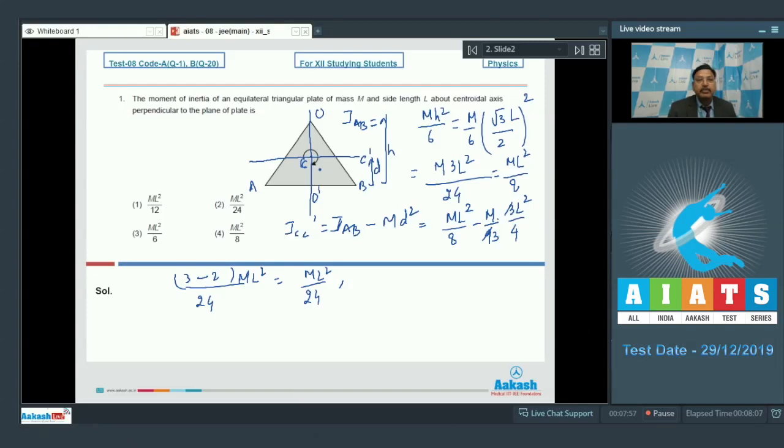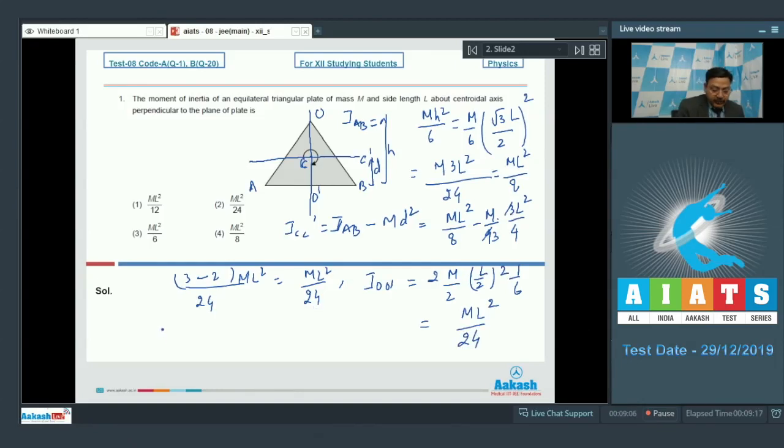So we find the moment of inertia of one of these triangles about OO dash and then double it. So IOO dash equals 2 times the mass of each half, m by 2, into h square by 6, where h will be L by 2, so 2 into m by 2 into L square by 4 into 1 by 6. Let's simplify this further. So this turns out to be equal to mL square by 24.